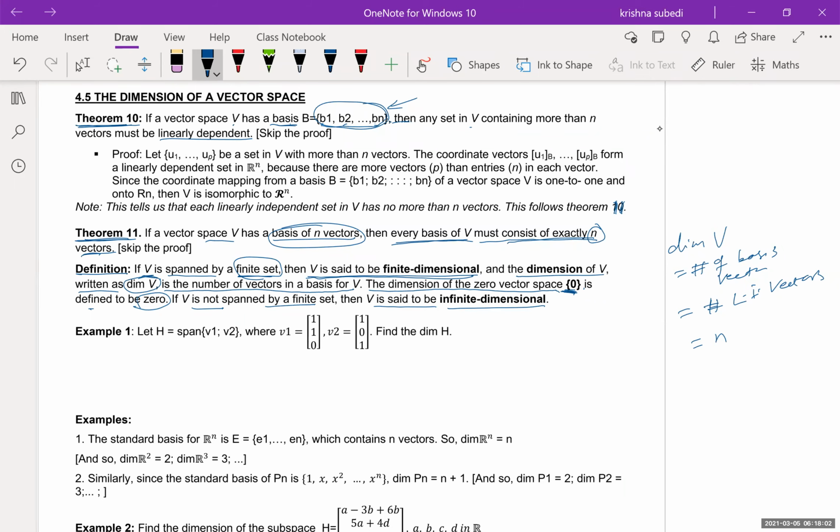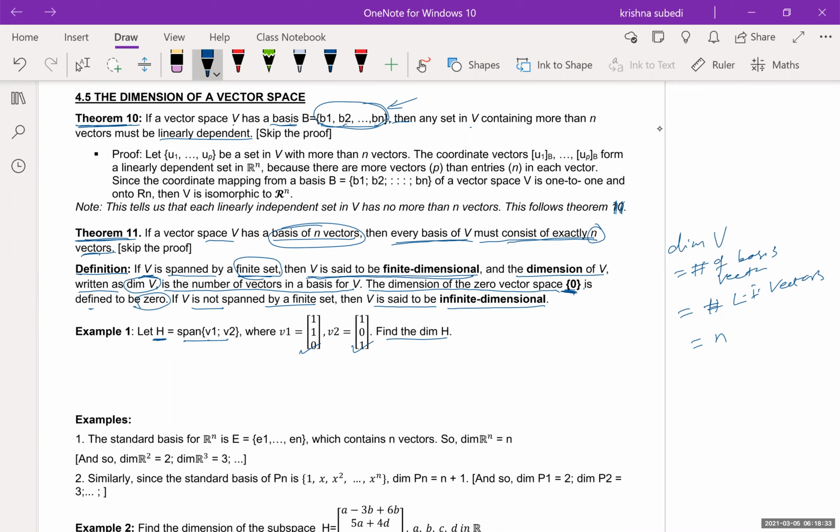Okay, now let's look at example 1. We are given a vector space H, which is spanned by v1 and v2, where v1 is this, v2 is this. Find the dimension of H. Now we just defined that the dimension of the vector space is the number of linearly independent vectors in the space.